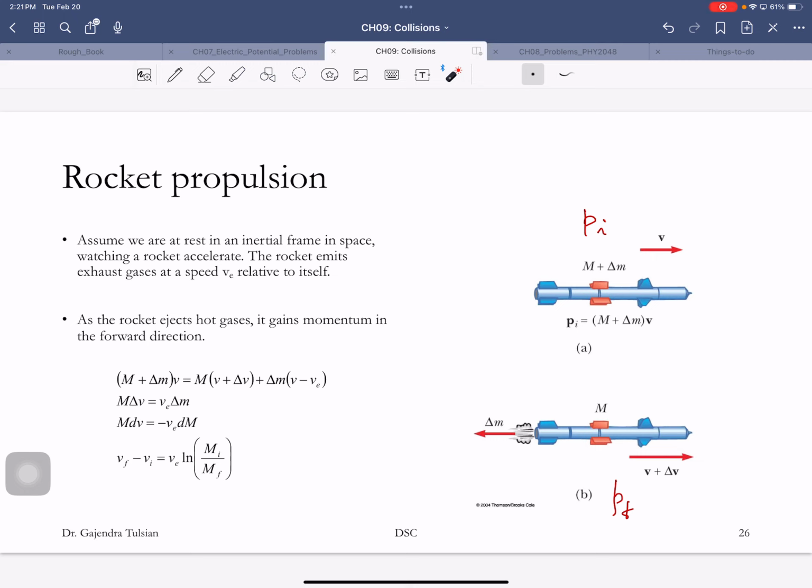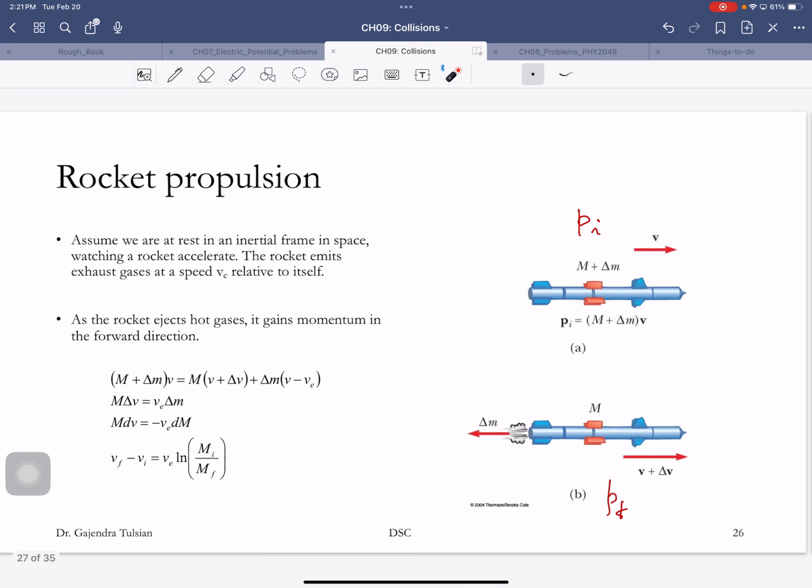If 90% of your weight is fuel, let me calculate log of 10. 2.3. So if this is 10, this is 2.3. So 2.3 times the exhaust velocity is your final velocity if you start off from rest. That's what that is saying. Did you guys understand that?